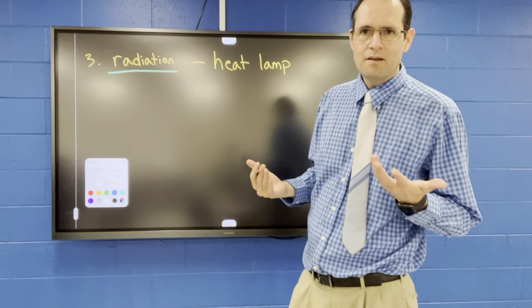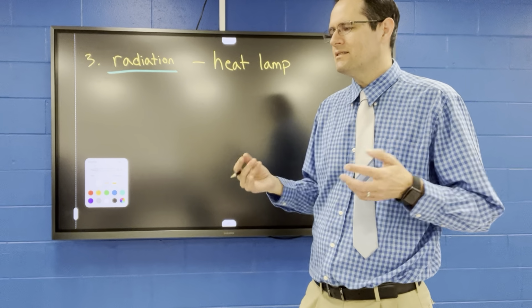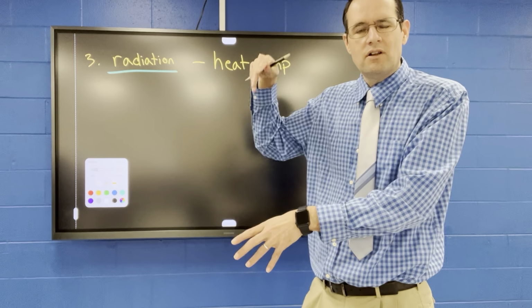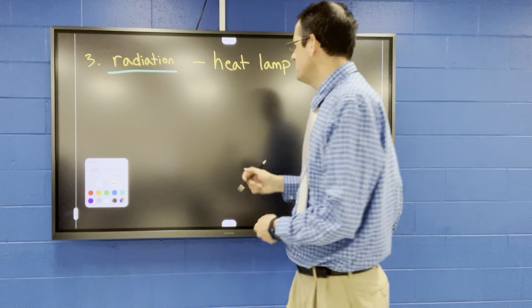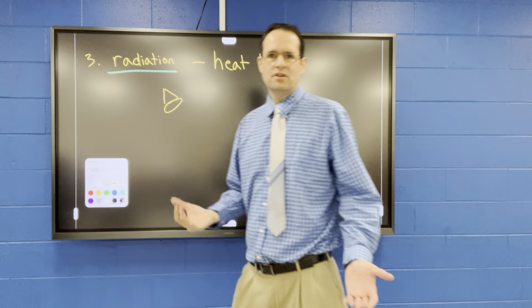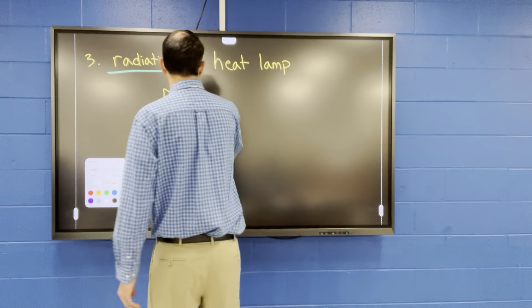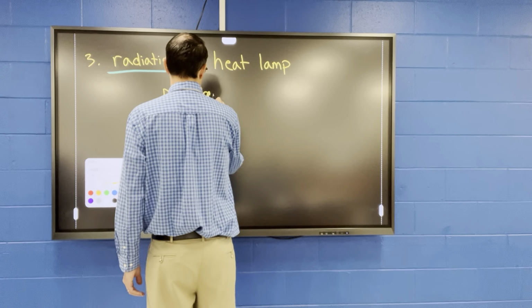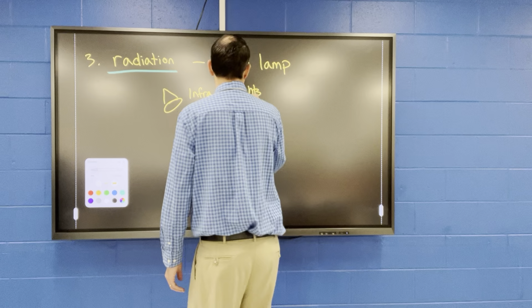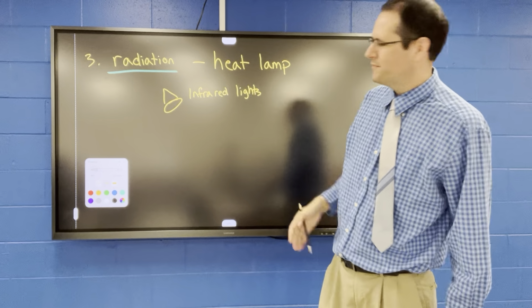It's also found in the buffet. So you go to different food places, and sometimes there's food there underneath some special lights that are designed to keep it warm. And these are sometimes called infrared lights, or heat lamps, okay?